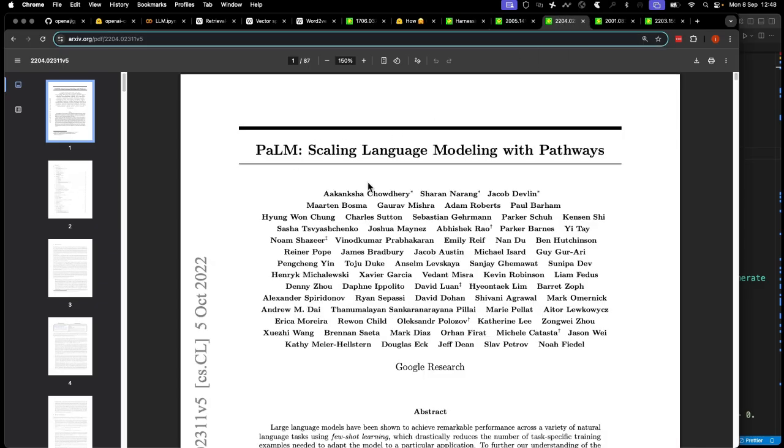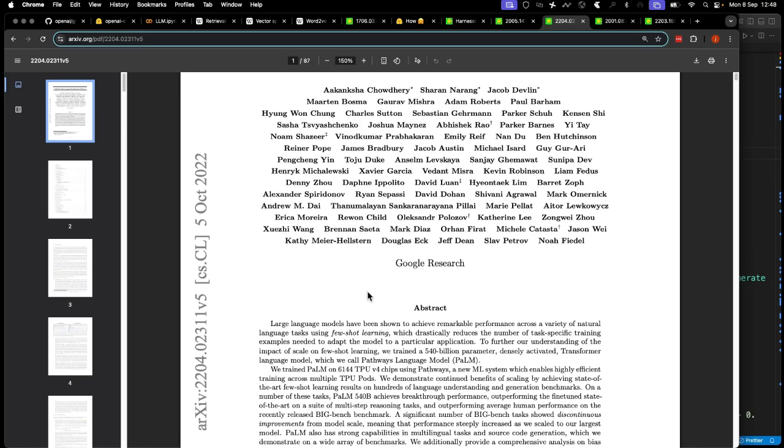In Google's research, they also show that decoder-only models, using this few-shot learning technique, can achieve remarkable performance across different types of NLP tasks, which is very impressive, right?